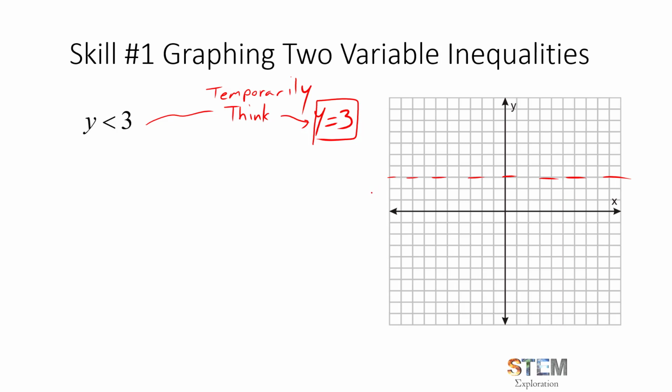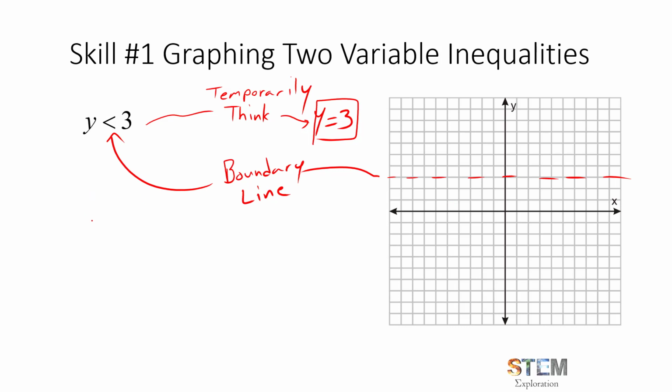Now, we're just doing this to create a boundary line. And creating this boundary line sets up how we can get started. Because now if we go back to our original inequality, in order to figure out which side of this boundary line we need to graph, we just need to test a point.